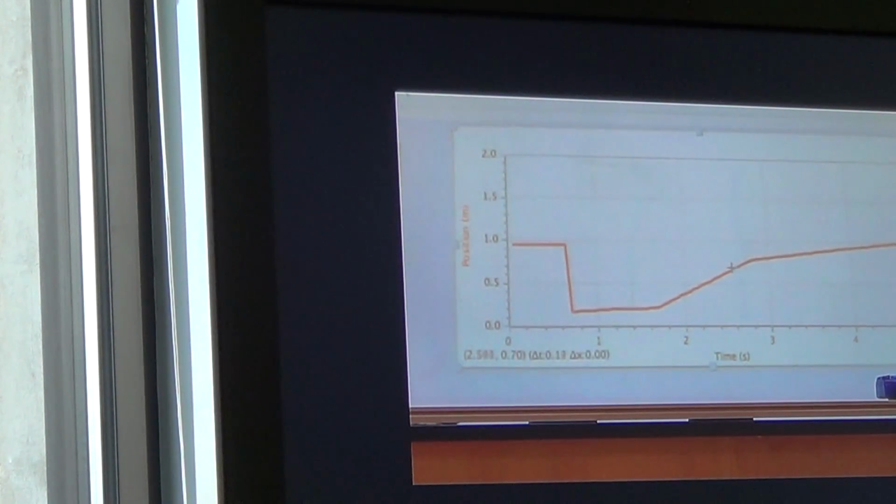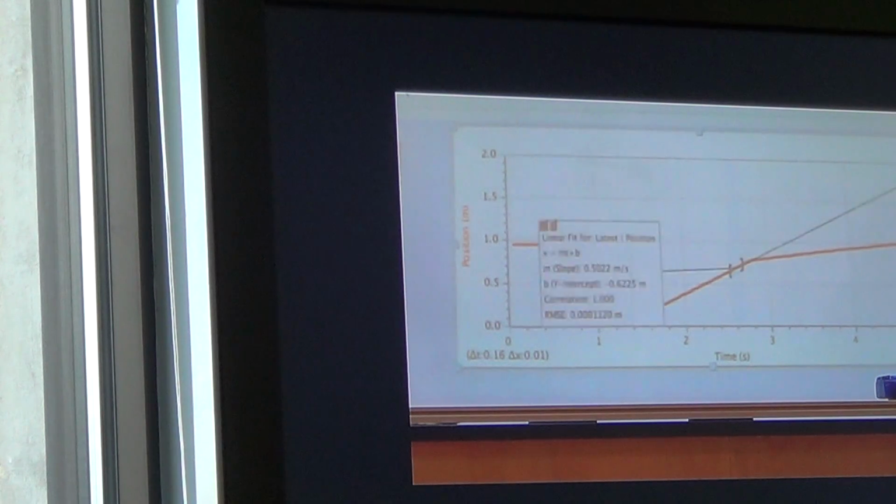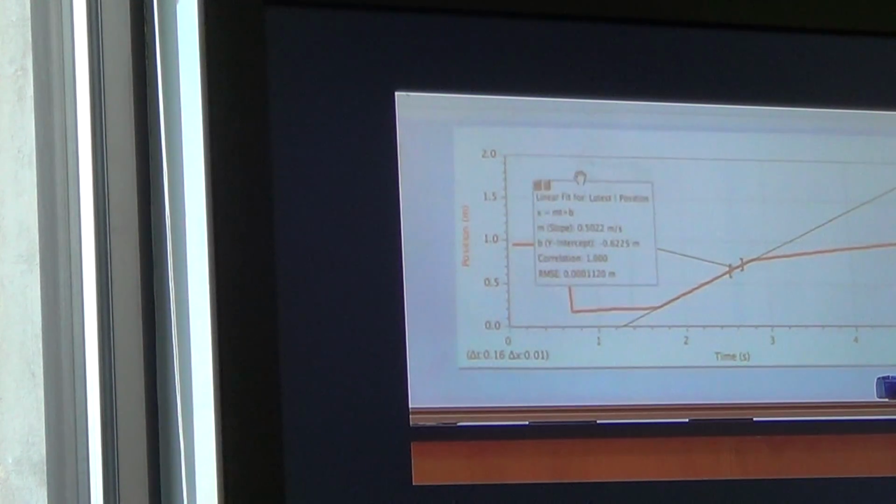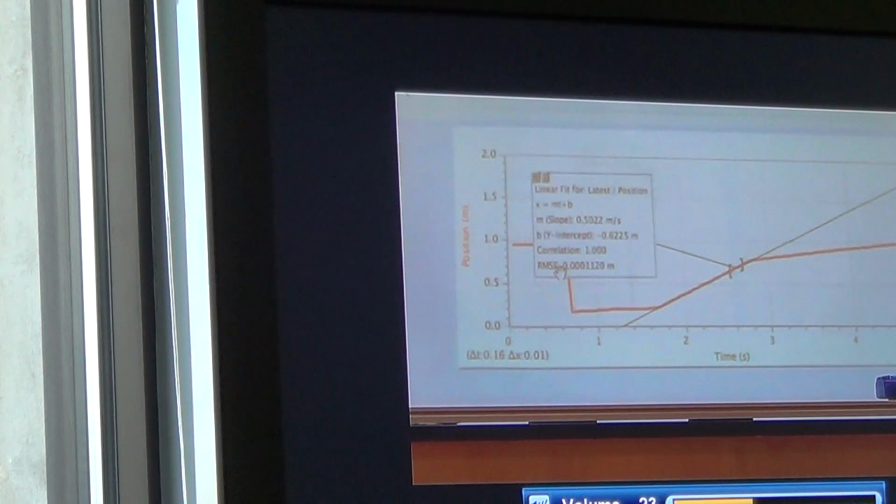We can use the tools of this program to determine the pre-collision and post-collision velocity of the blue car. Right here is the moment just before the collision. If I use the tool that calculates the slope of that line, I will find that the blue car was moving before the collision with a speed of approximately 0.5022 meters per second.